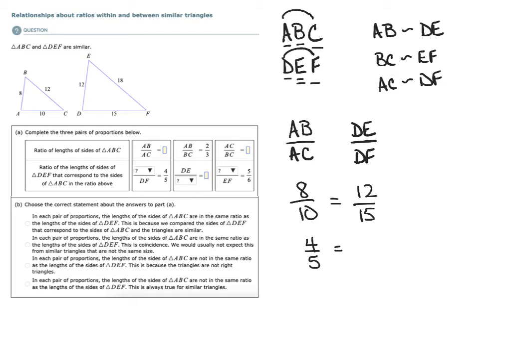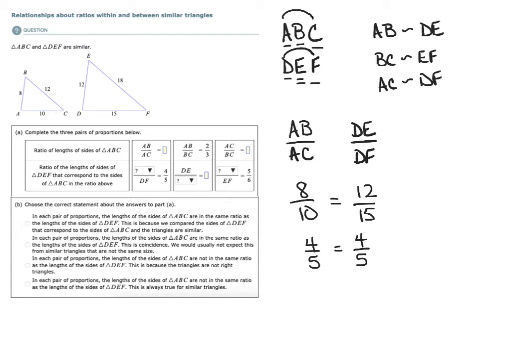And if I divide 12 over 15 by 3, I would get again 4/5. So I know that these side lengths are proportional or similar. I can do this again with AB to BC, AC to BC, following the same process.